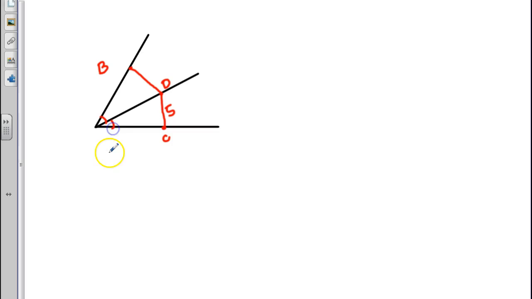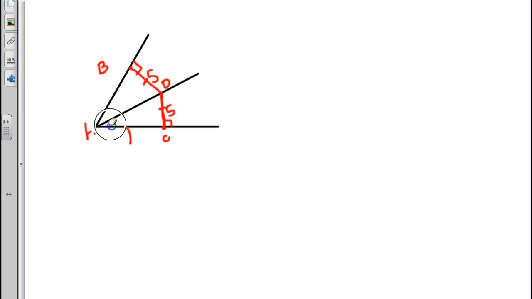These angles are congruent to each other. These are right angles, which is a clue, right? That's a huge clue. When I see these marks, I know that this is distance. And they're telling me that this distance is 5, which tells me the distance from B to D would also be 5.